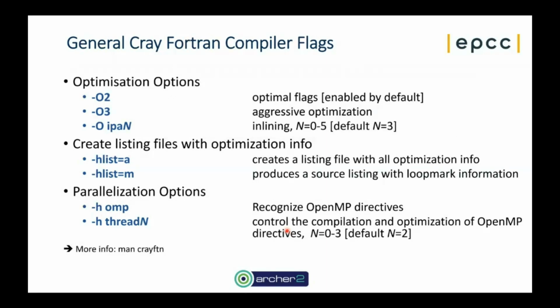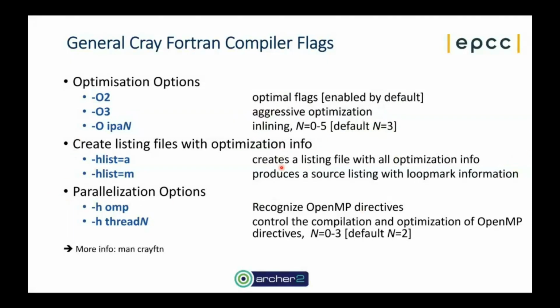Okay, so we've talked a lot about this, but what are the sensible compiler options for ARCHER2? Well, if you're going to use the Cray Fortran compilers, then there are these optimization levels, with things to control the number of things to inline, optimization.